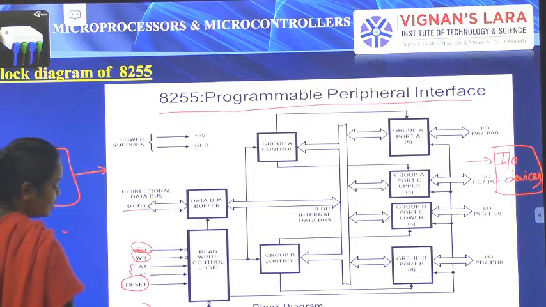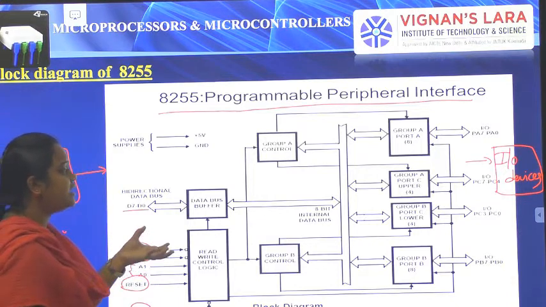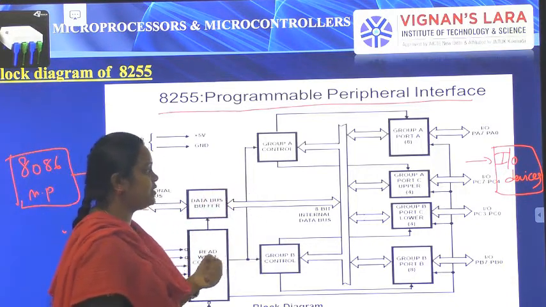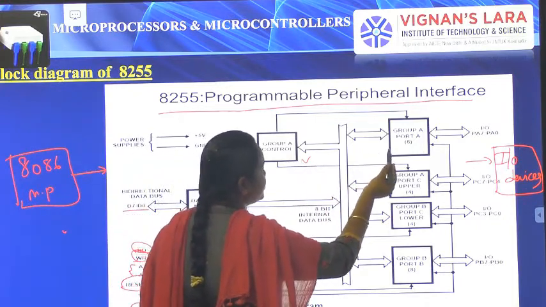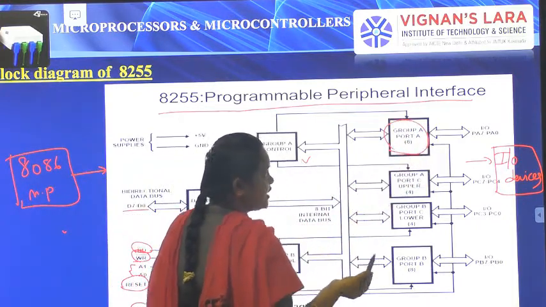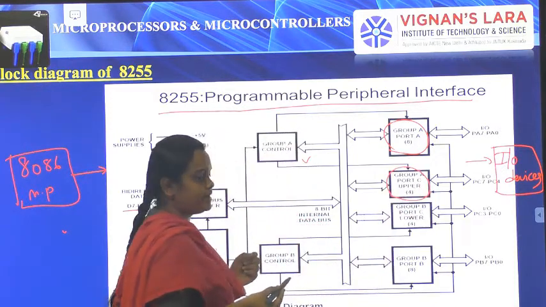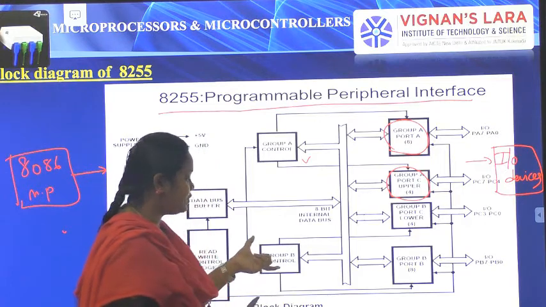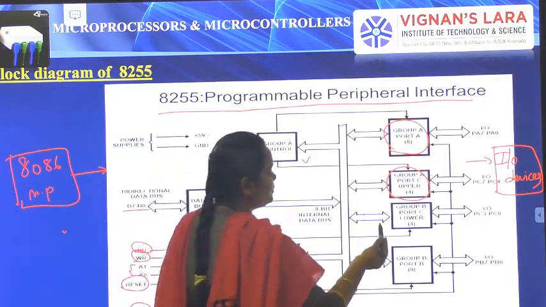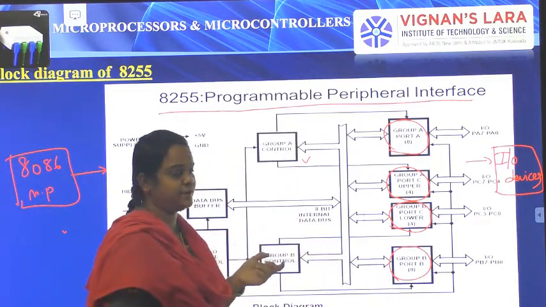For the operation of this chip, we have the chip select, CS bar, and group A control and group B control. Under the control of group A, we have group A port A, which is 8 bits, and group A port C upper, which is 4 bits. Under the control of group B, we have group B port C lower, and group B port B, 8 bits.